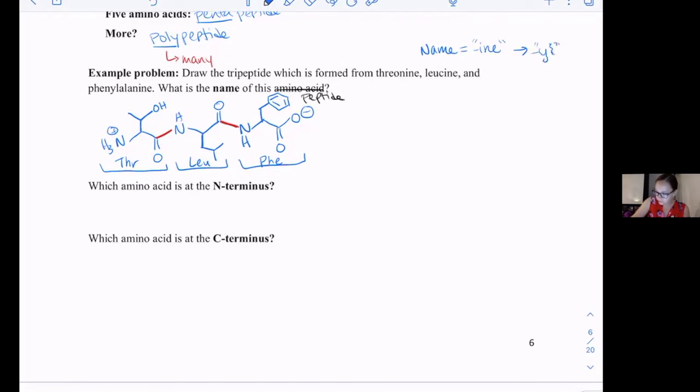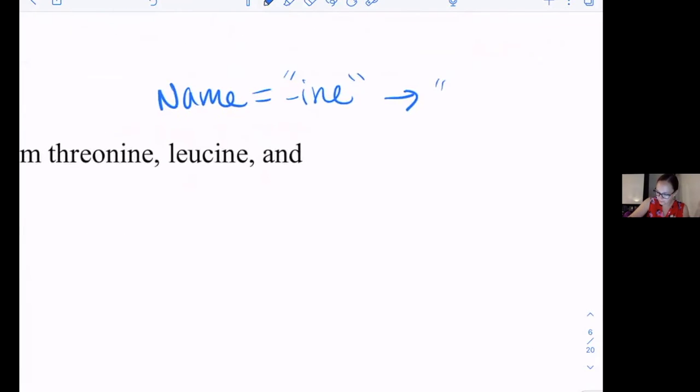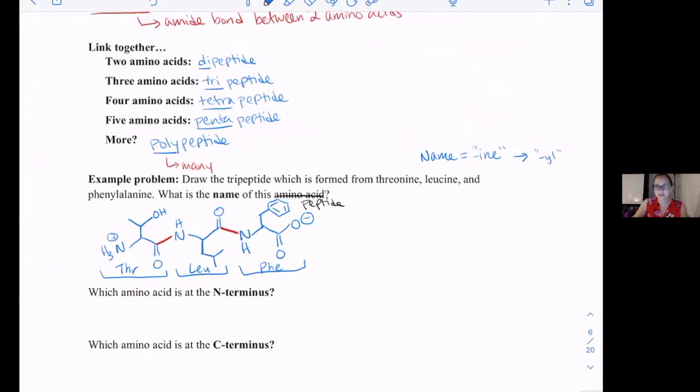Okay. Sometimes it just doesn't like writing that far over. Okay, so if we're going to change everything except for the last one to a YL ending. So we started with threonine. I spelled it wrong already.